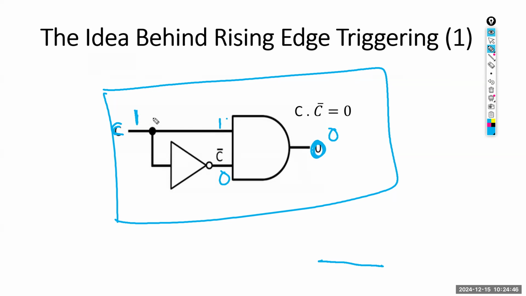Now assume that I change this to 0. Immediately when this is 0, this is 0. When this is 0, still this is 0 because it needs to go through a circuit. It will take a bit of time to go through the circuit. Therefore, still this is not 1 because earlier it was 0.